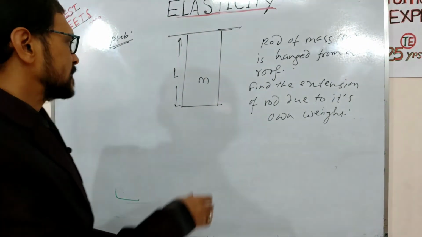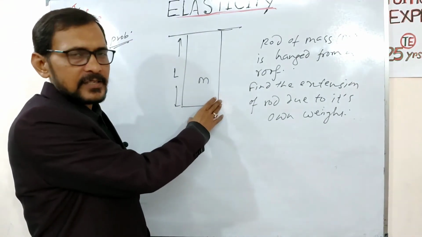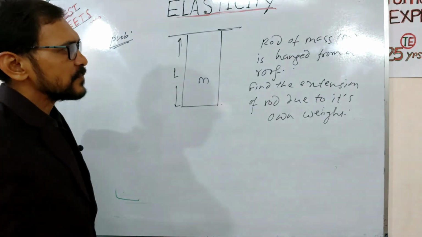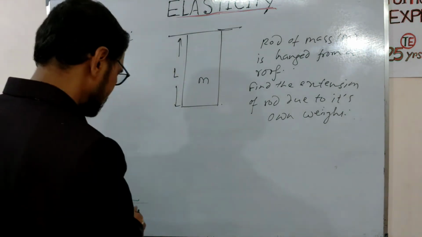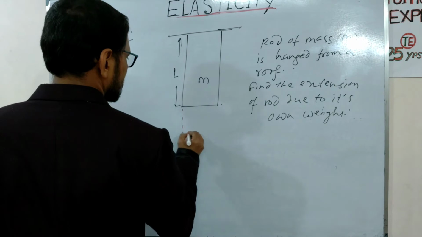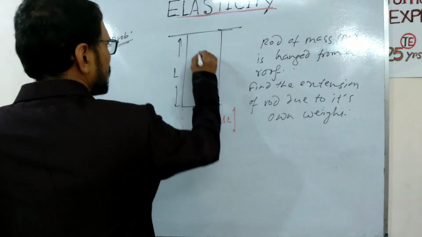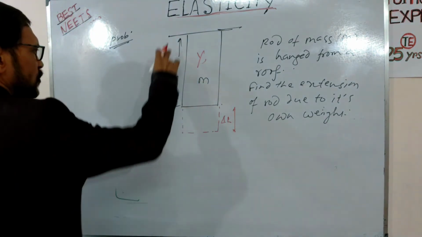Here no external force is applied. Due to its own weight, the rod extends. What is the extension? So you have to find del L. Y is given, mass is given, original length is given.